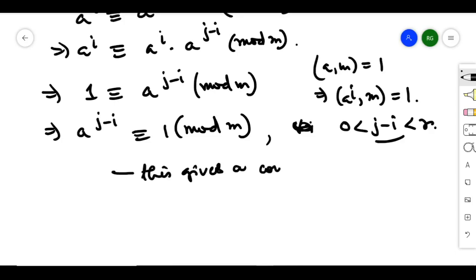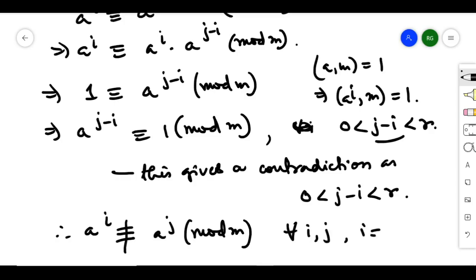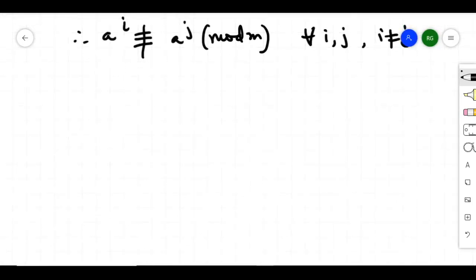Because r is the least positive integer for which this congruence holds, and here j minus i is less than r, as we have 0 less than j minus i less than r. Therefore, we must have a to the power i incongruent to a to the power j mod m for all distinct i and j lying in the range 0 to r minus 1.